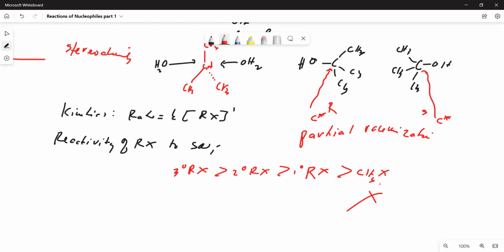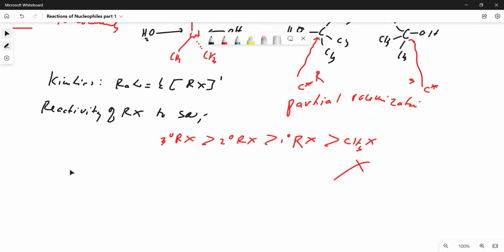So let's look at that. Now, for example, no problem with tertiary, no? But for secondary, let's say you have isopropyl chloride.